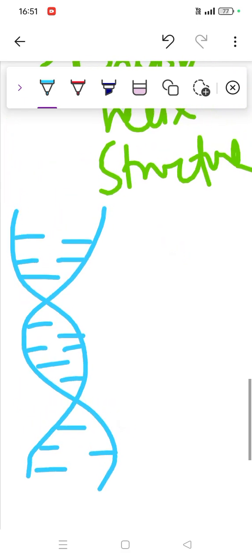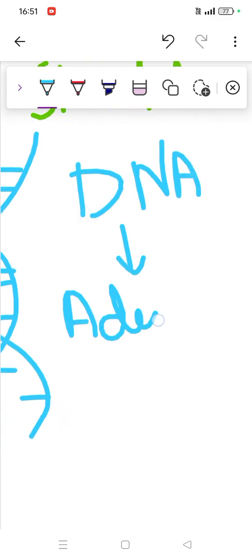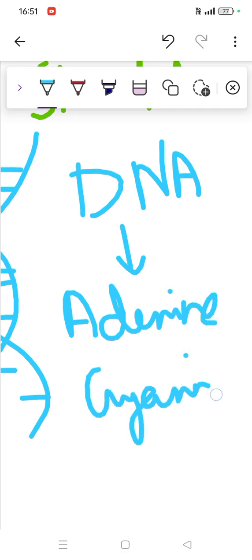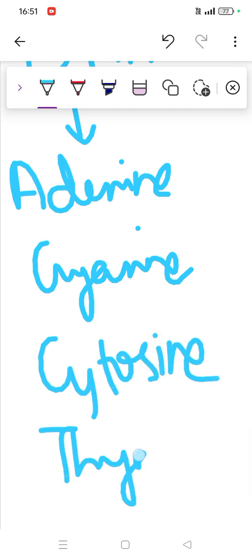In DNA, the nitrogenous bases are adenine, guanine, cytosine, and lastly thymine. These four nitrogenous bases are present.